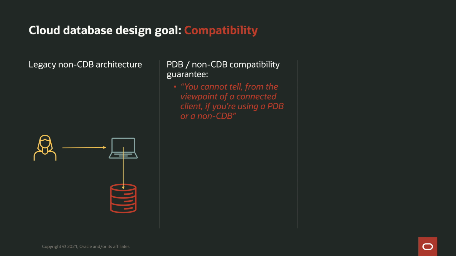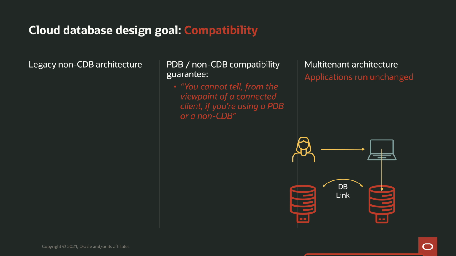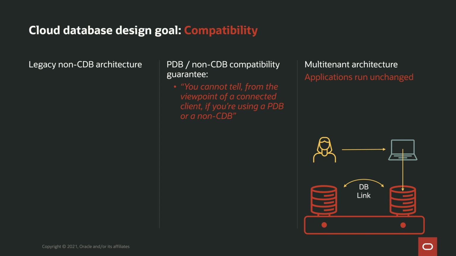People laugh at me when I say this, but it's a very important principle. If we get this right, which we have, it means that an application will run unchanged in a PDB. Even if it refers to data in a remote database, it will do this by means of a database link. Upgrade all this to the multi-tenant architecture, and everything works as before, even the reference to the remote database.